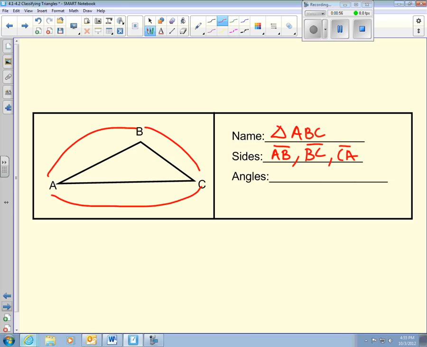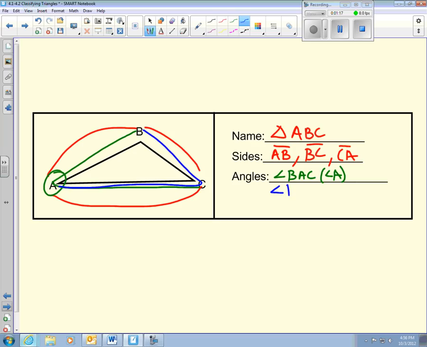Then we have some angles here that we're going to label. And so we're going to have angle BAC, or we can name it just by its vertex of angle A. Another one we have is BCA.